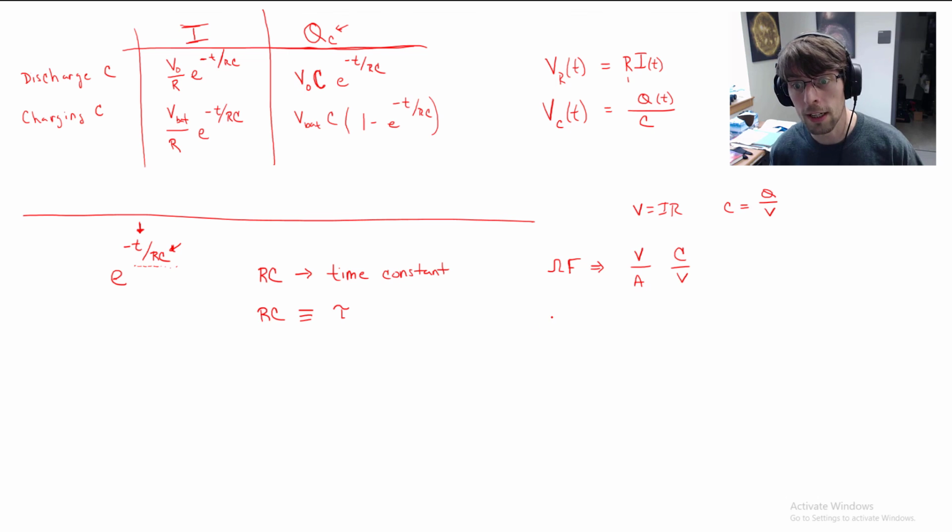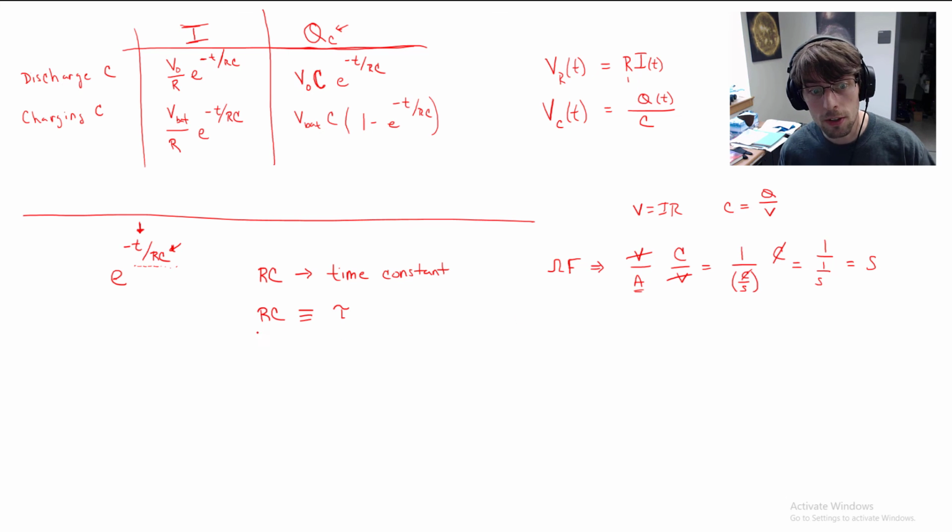Oh, goody, the V's cancel out. And what's an ampere? An ampere is a coulomb per second. And of course I have a coulomb, so the coulombs cancel out, and I have 1 over 1 over seconds, which is indeed a second. So when I take a resistance times a capacitance, I end up with units of seconds. That's why we call RC a time constant.